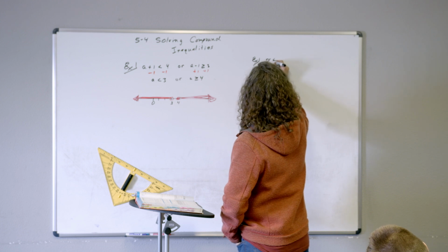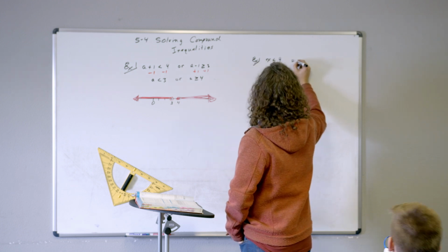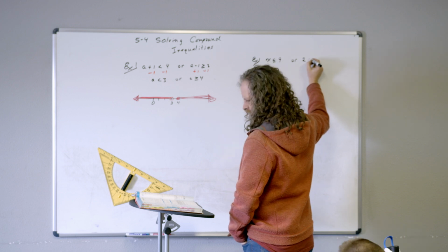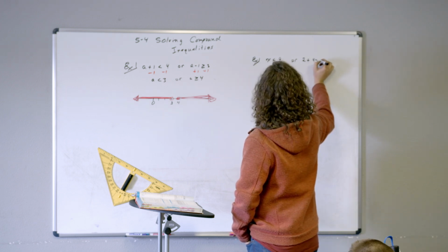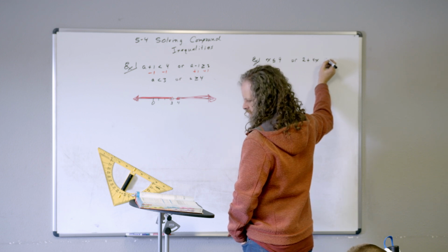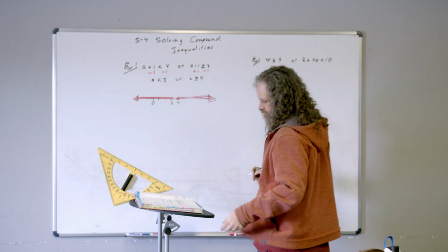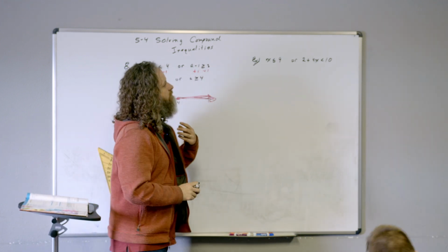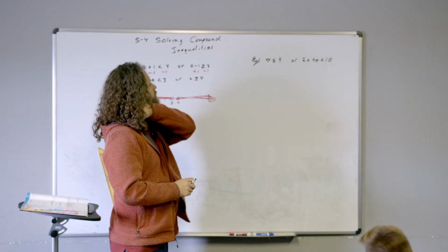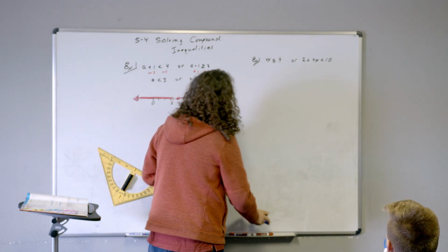Right? All right, so one more example. X is less than or equal to 9, or 2 plus 4x is less than 10. So what do we need to do? First one was already done.